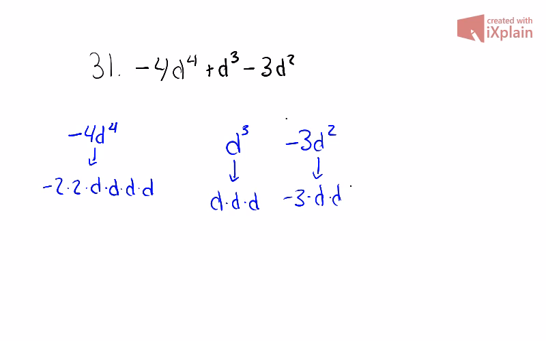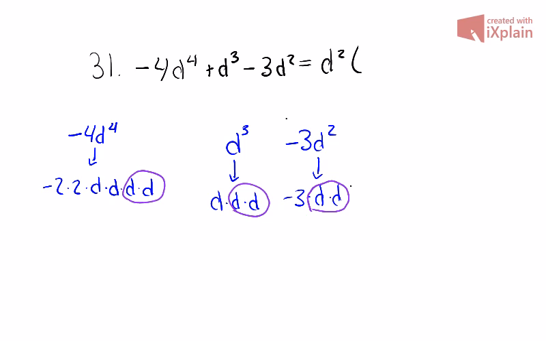And again, I want to look for the largest amount of variables that I have in common. So if I have 2 d's here, all I can take out from each of these terms would be my 2 d's. I don't have any of my coefficients in common, so the most that I can take out on this polynomial is a d squared.